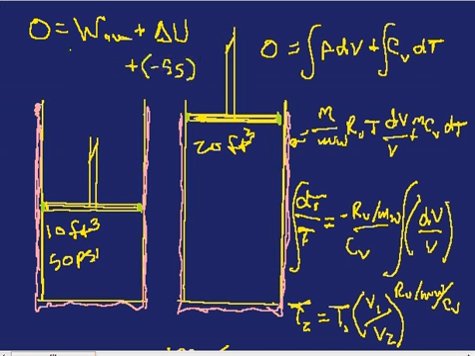So W out therefore must be plus 55, and out of this process we get a work of 55 BTUs. So now we've looked at what we call the adiabatic case, and this is going to have implications when we get to the second law. We've looked at adiabatic and, let's say, frictionless, in that we did it very slowly so that there was no internal friction in the gas, and we lubricated the sides of the cylinder so that there's no friction there, and we came up with a work output of 55 BTUs.